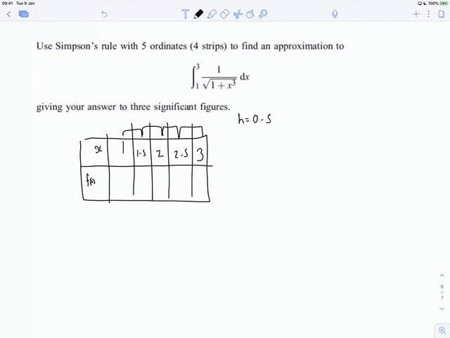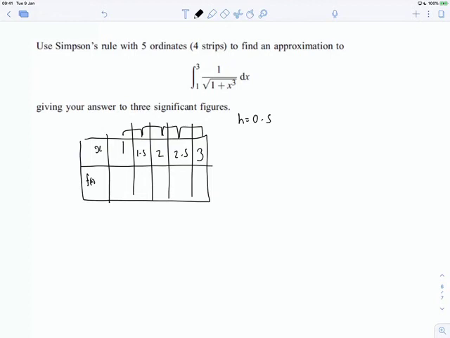Okay, so what happens when x is 1? Well, let's give it to 4 significant figures. So what's 1 over the square root of 1 plus 1 cubed?